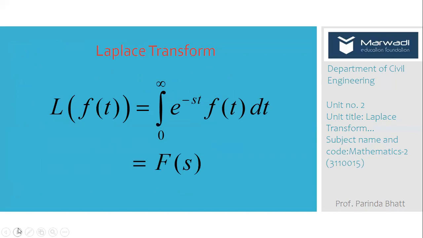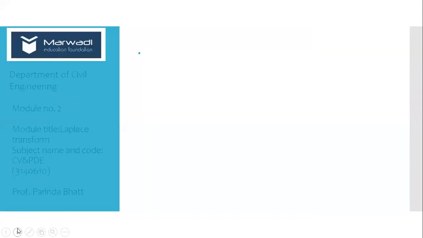Okay, this is the definition formula of the Laplace transform. Laplace of f of t is equal to the integration from 0 to infinity of e raised to minus st times f of t dt, right? And when we apply this integral, we get f of s.